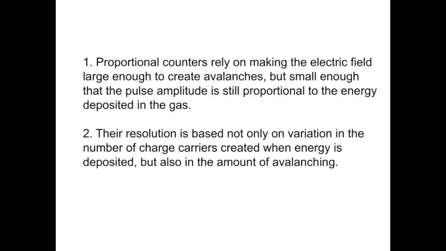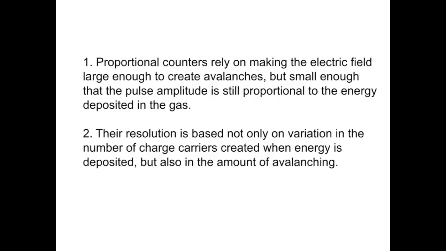Here now we start in Chapter 6 on proportional counters, and you remember the main difference of the proportional counter was that it was operating at a higher electric field where we could get enough acceleration for the electrons that they could then go create more electron-ion pairs in an avalanching event.